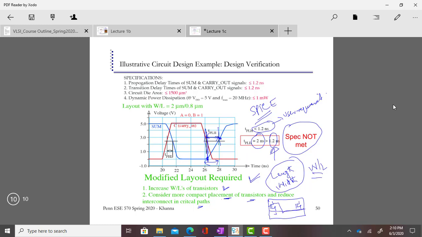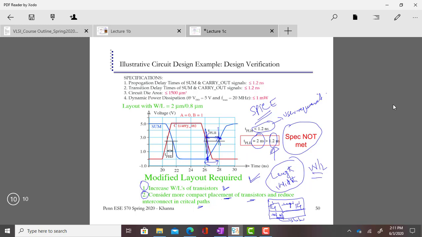Maybe if you put one transistor here and one very close to it, they can be connected very efficiently. So here the path is longer, here the path is shorter. So you have to do either this or this. And again, all this is inside the layout. The transistor placement is also inside the layout.